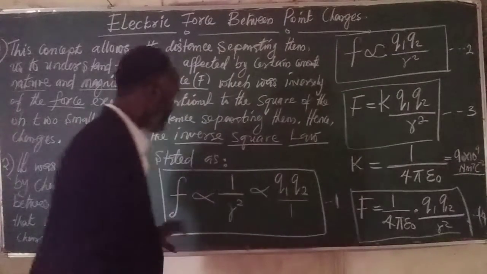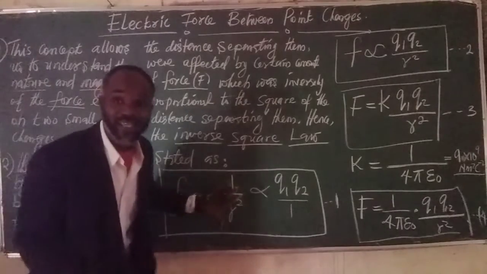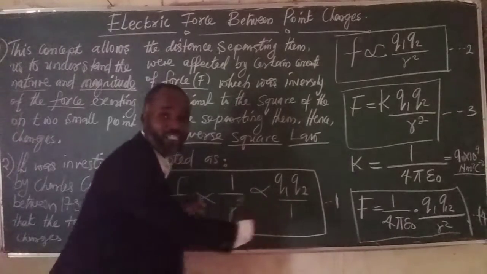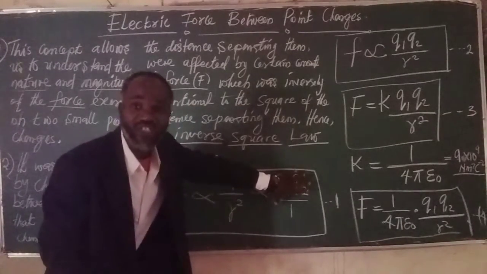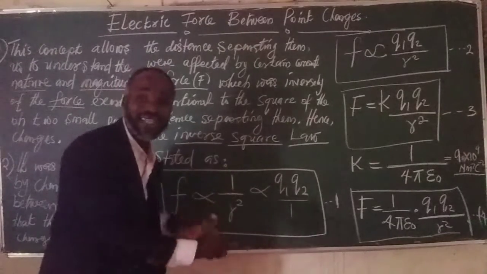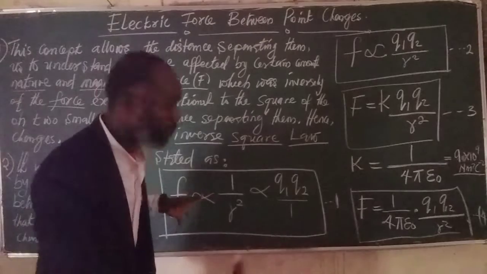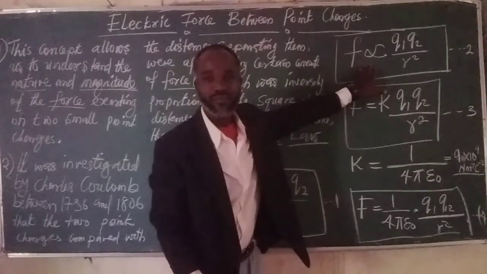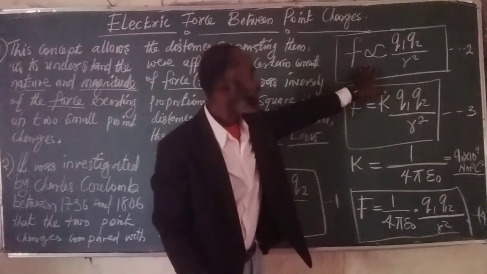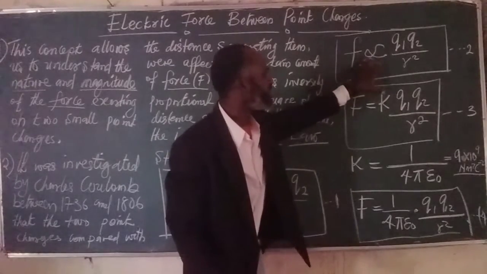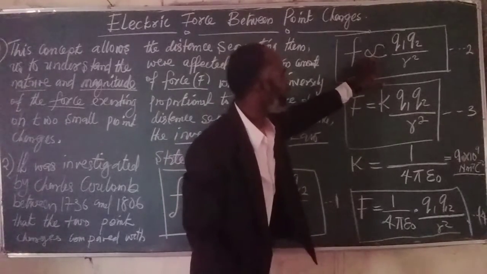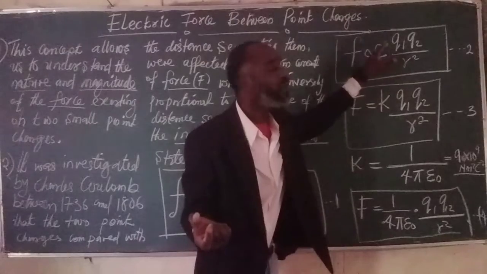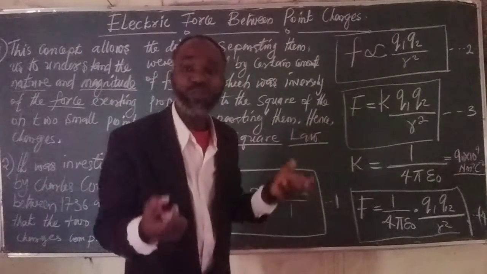What did he do? Having explained that this is the inverse square law, he went on to find a way to connect the two: the product of the two charges and the square of the distance separating them. He married them together using this relation. He said that force is inversely proportional to the square of the distance separating the two charges, and directly proportional to the product of the charges.